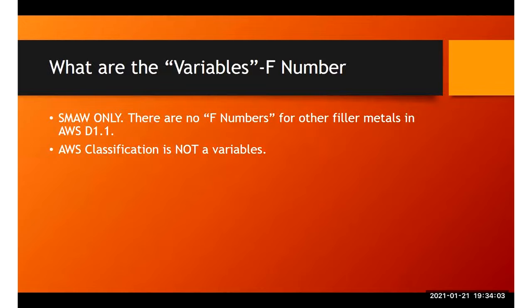Okay. And a note related to that is AWS classification doesn't apply as a variable for performance qualification. If I do my test with a 70-15, I'm qualified to weld with a 70-18 because those are both going to be F number 4 electrodes. So you've got to keep that kind of out of your head if you've been dealing with other codes pretty regularly. It's not in there. There's no limitation.